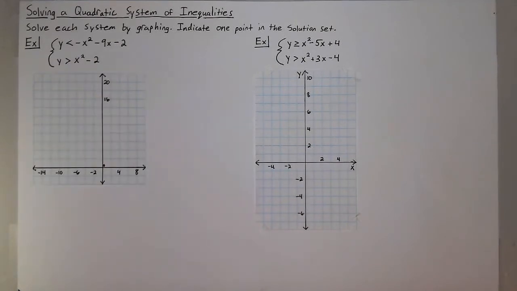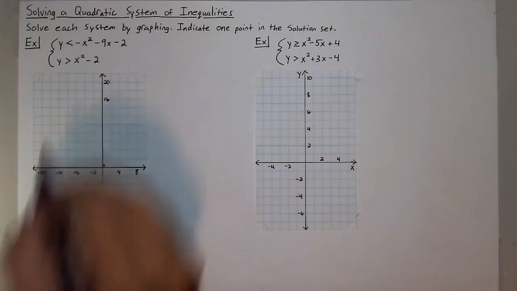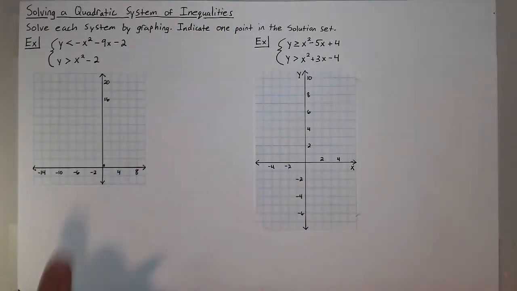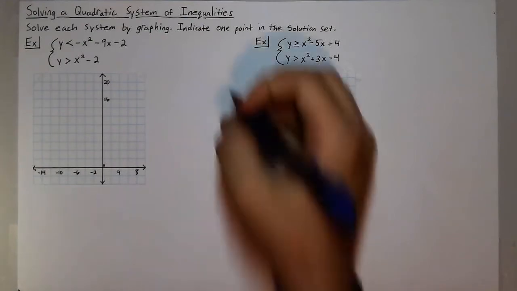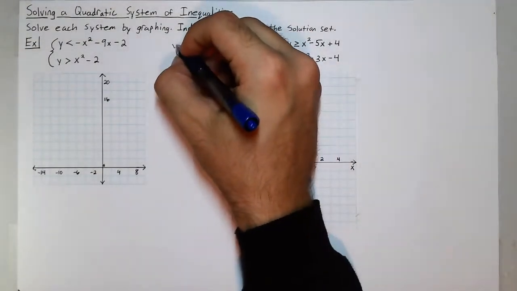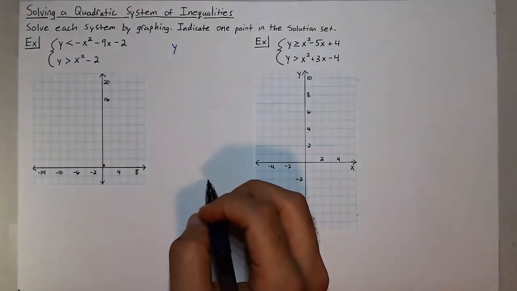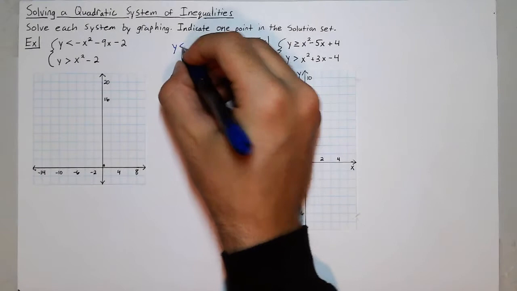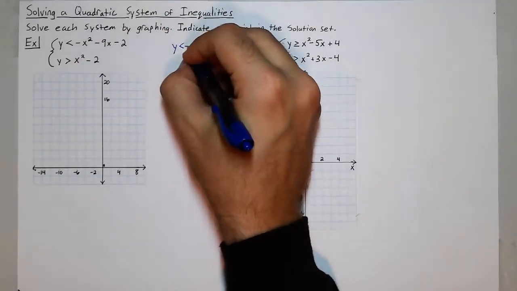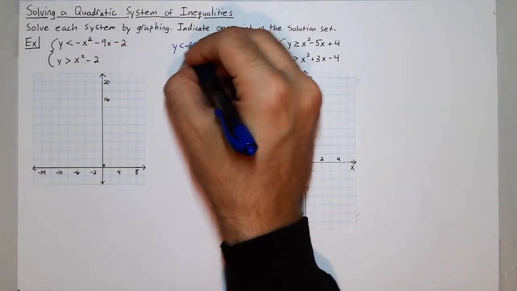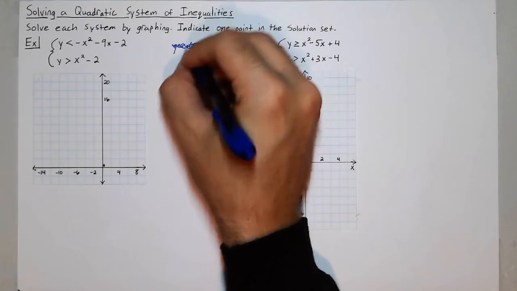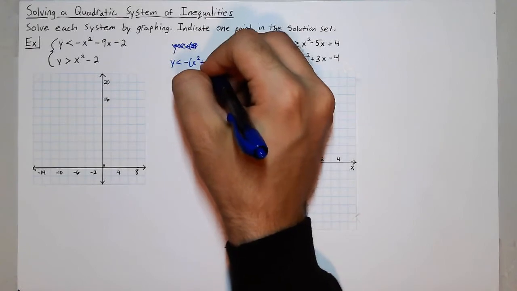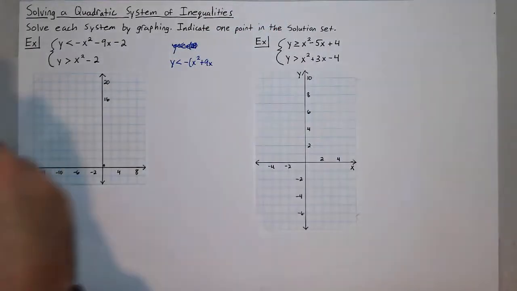So we'll start with that first equation, which I'm going to put into vertex form so I can more easily find the vertex, make it easier to graph. y is less than, and I'm going to factor out that negative, so y is less than negative of x squared plus 9x, and again, it's going to be plus some other number.